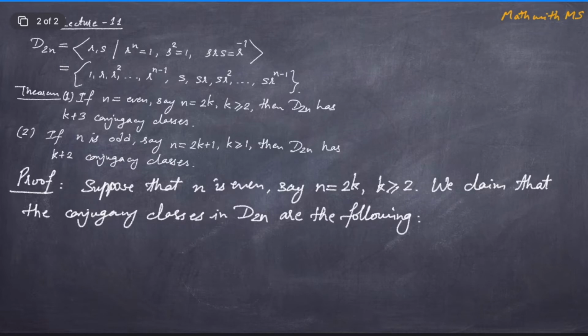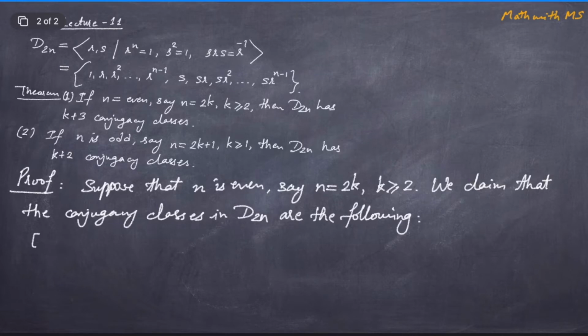Notice here that since n is even, the center of the dihedral group D2n is non-trivial, and in fact it is the cyclic group of order 2 consisting of the elements 1 and r to the power k. So therefore central elements will be conjugate to only themselves.